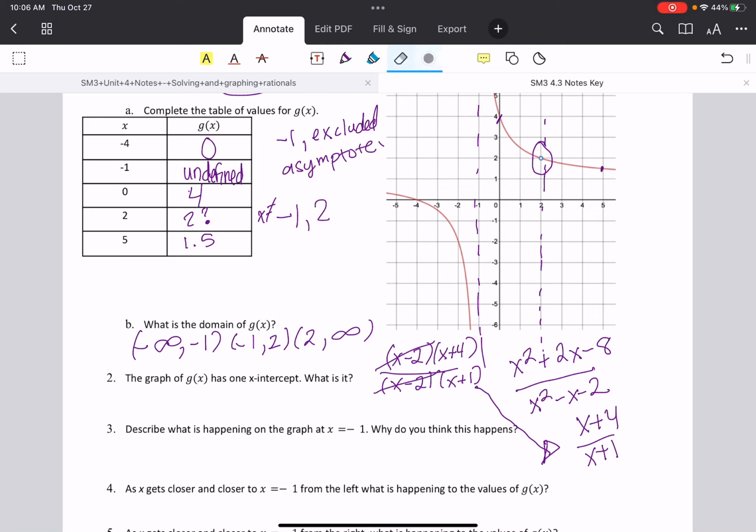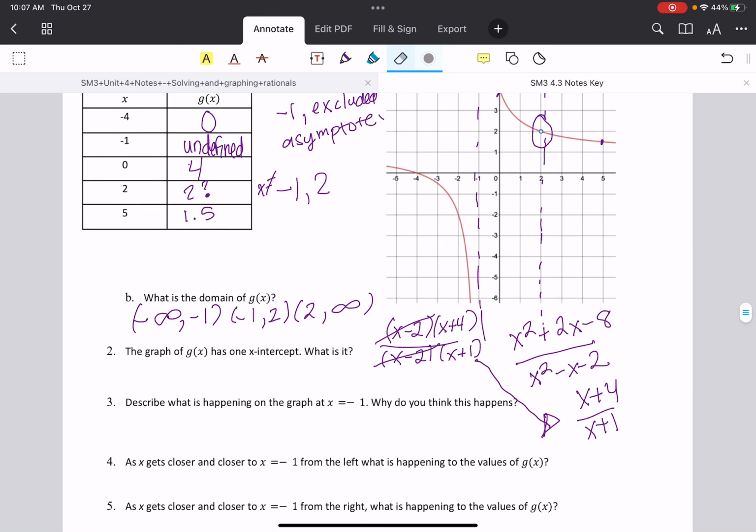So this domain tells me that x can equal anything from negative infinity until negative 1, doesn't equal negative 1, but equals anything between negative 1 and 2, doesn't equal 2, and equals everything from 2 to infinity. And if it has that circle, that hole right there is a removable discontinuity.